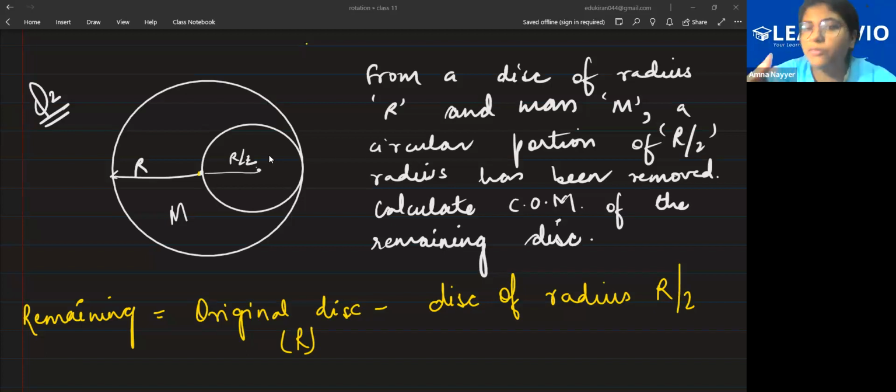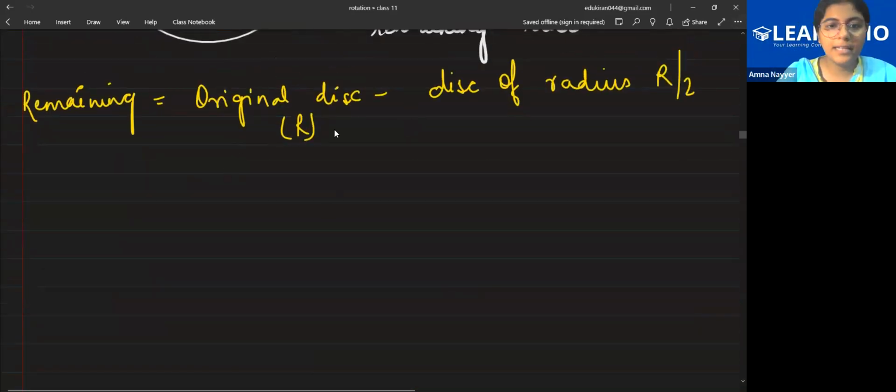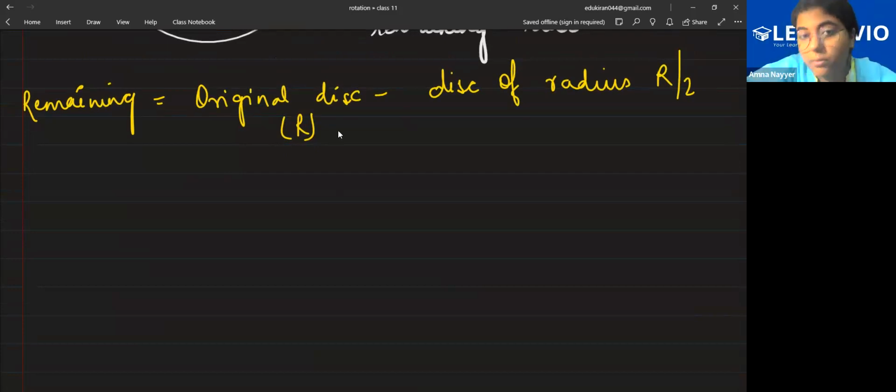But before we do that, one formula is there, but your marks might be reduced in that because you have not shown the steps. That's why we'll be following it in detail. It's the same formula. So whenever you're using the formula, your marks can be cut. So for that purpose, you have to mention the variables. Firstly, you have to mention that you're calculating the original disk of radius r minus the disk of radius r by 2.